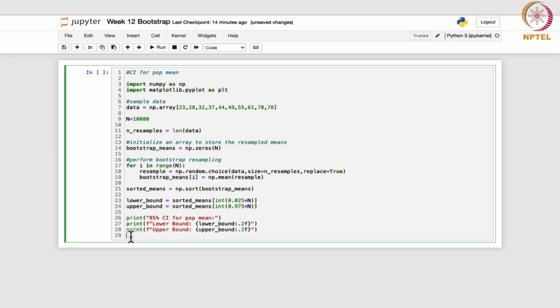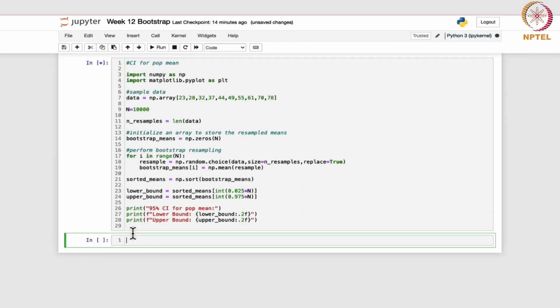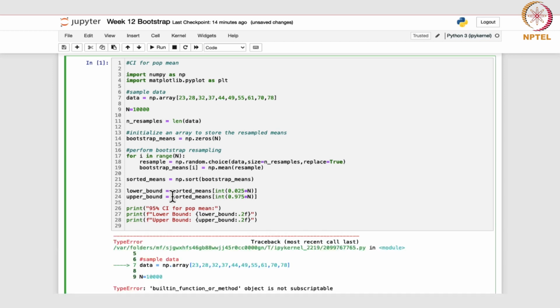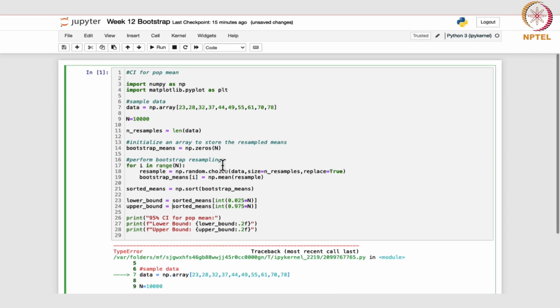Okay, so let us run this. Sorry, this round bracket is missing over here.